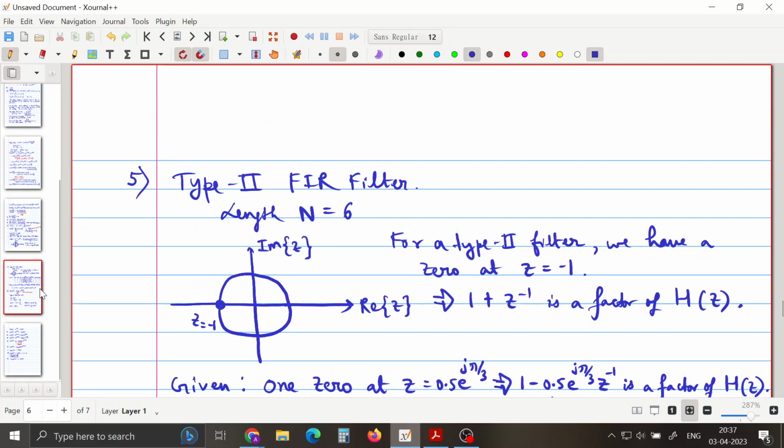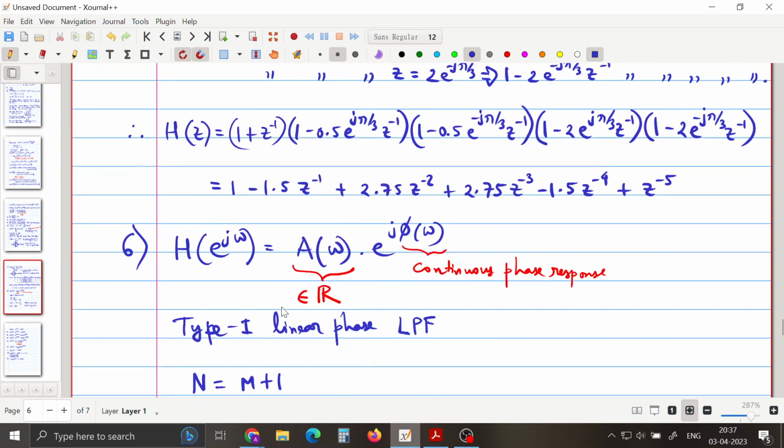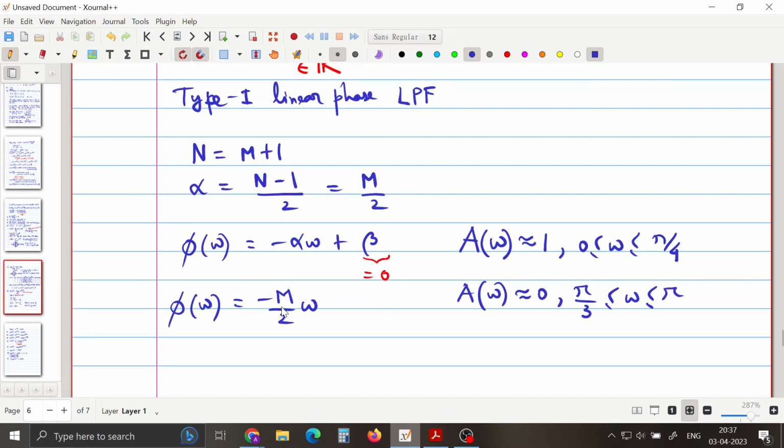So again, if you go back to the definition of a of omega, a of omega is 0 whenever omega is within pi by 3 to pi. So clearly a of pi is 0.